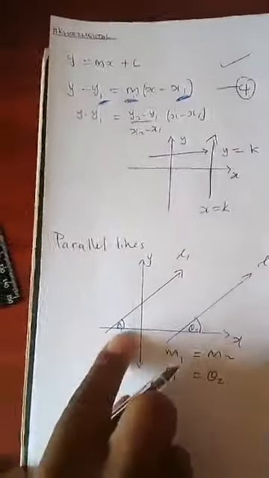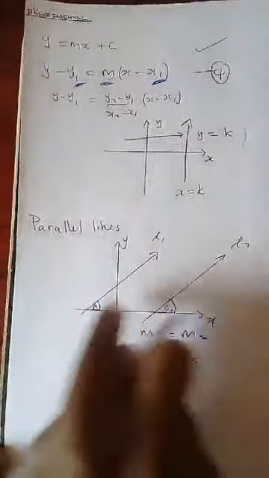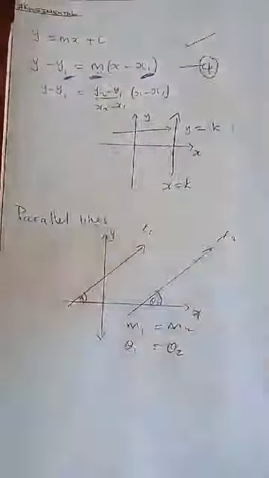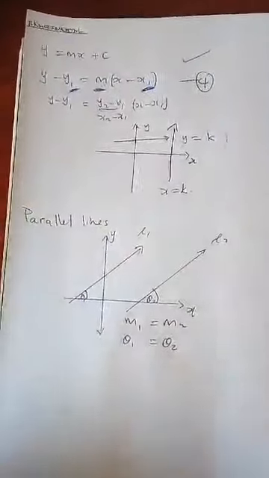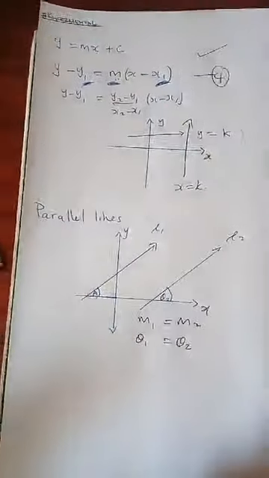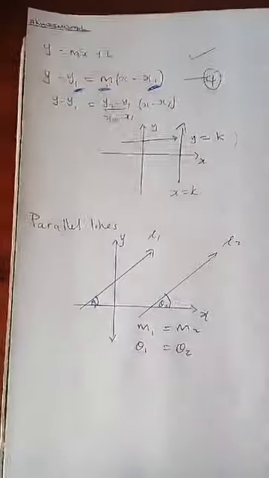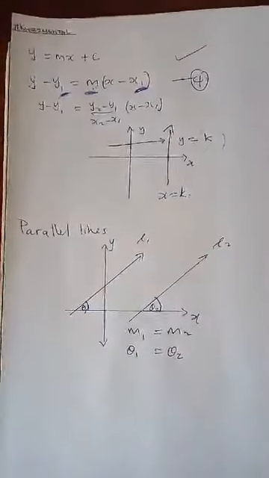The angle which they form with the horizontal axis should be the same, right? So that is just from observation, but of course we can make tests and try to measure these things, but I don't think it's difficult to believe this and just to wrap this around your head. So this is for parallel lines.